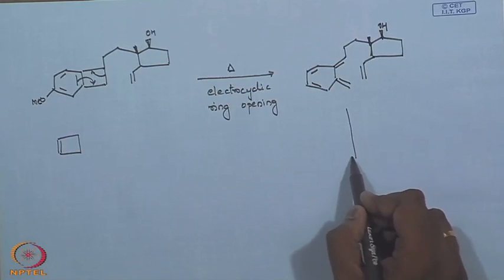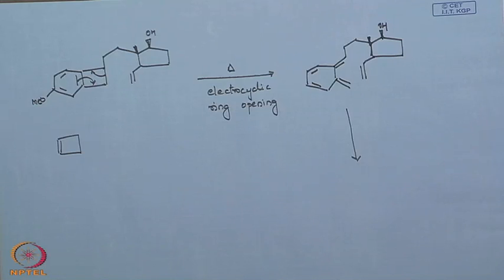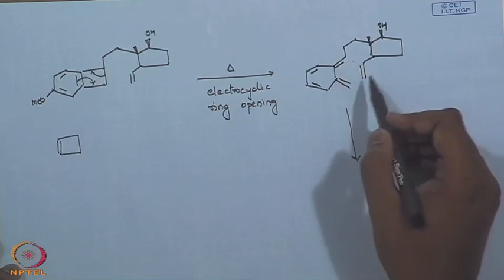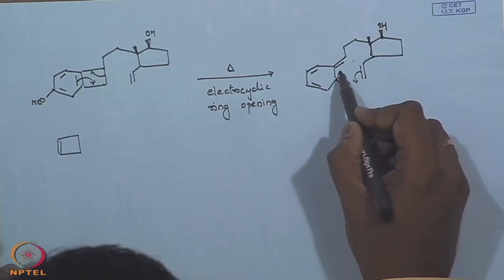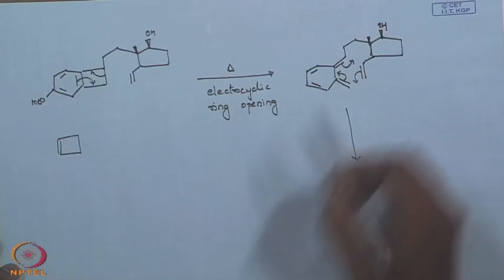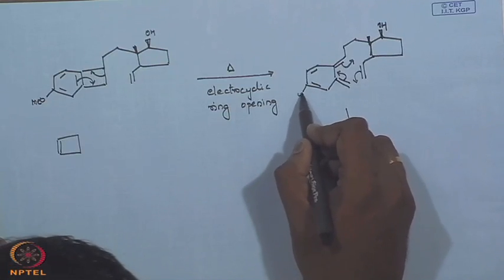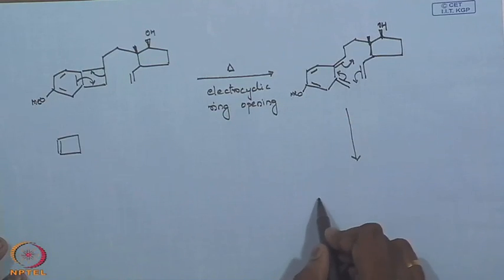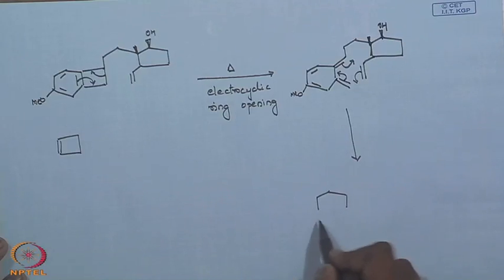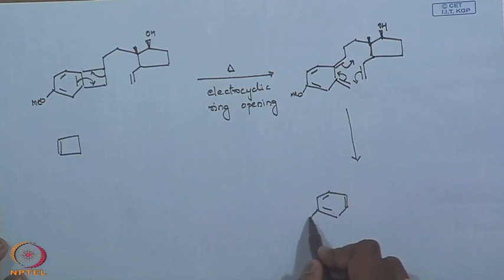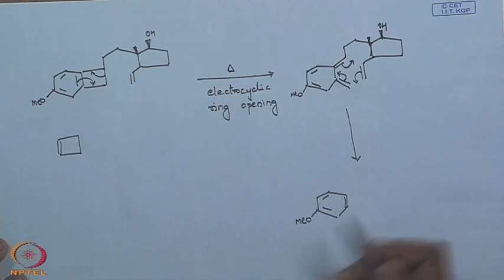Now, what can you expect? It should be easy. Again, you can have a ring closure here, right? You can push this. You can have a nice ring closure. So you have an O-methoxy, and I can have my Me.